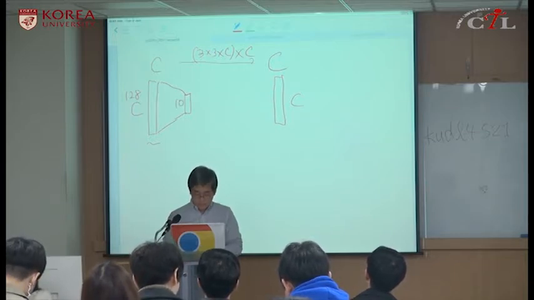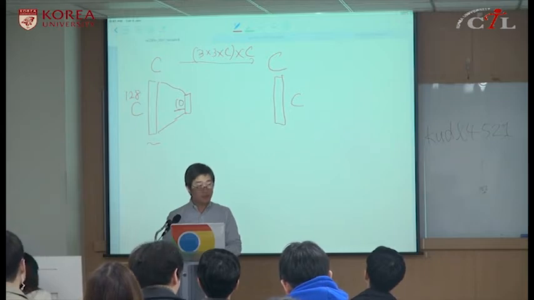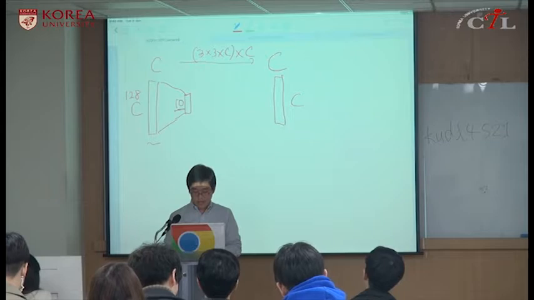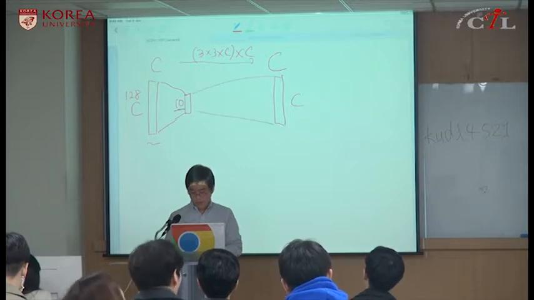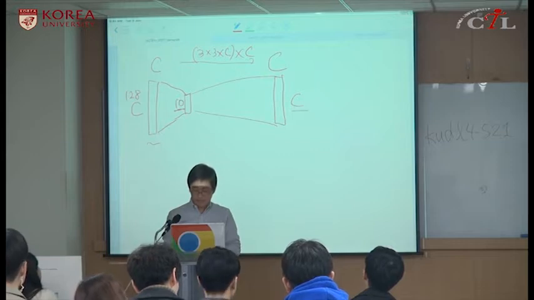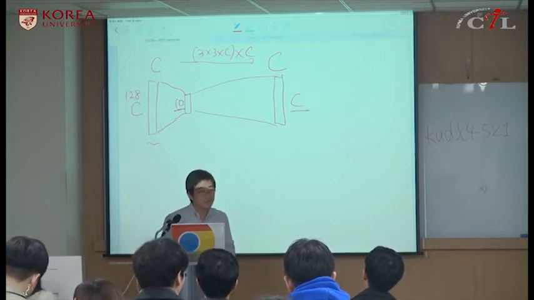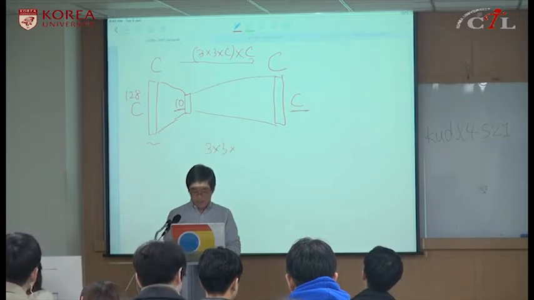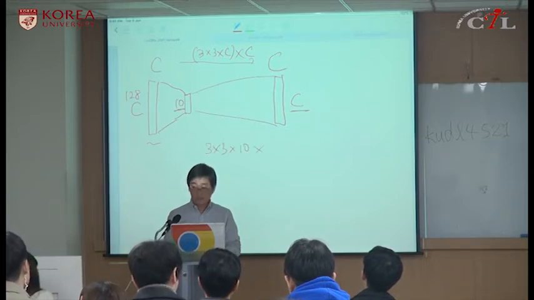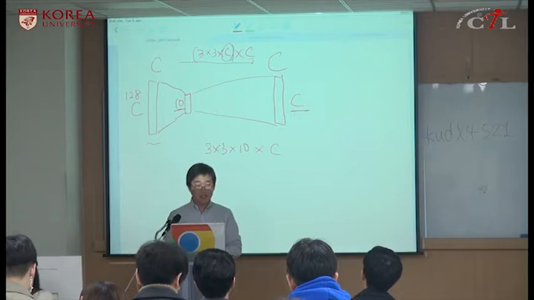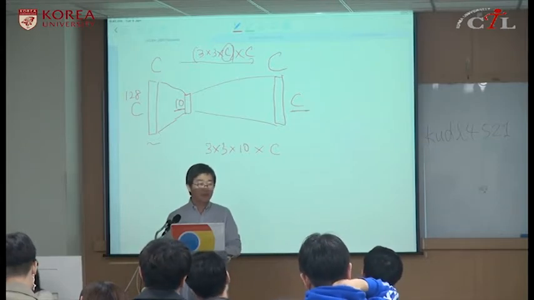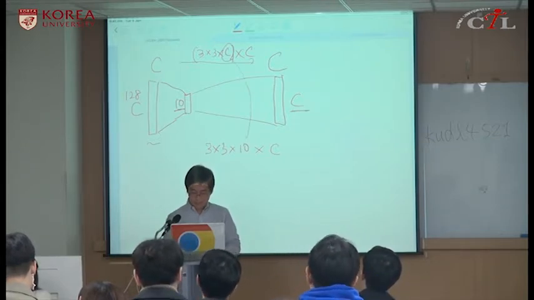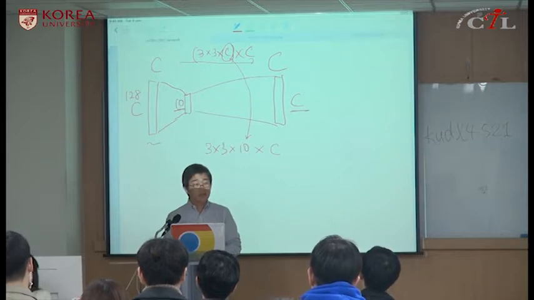And then using this much reduced depth of our input activation map, what will be the parameters of the conv layer to obtain the same output channel C? In this case, 3x3 by 10 times C, right? So this input depth is now changed into 10, right?